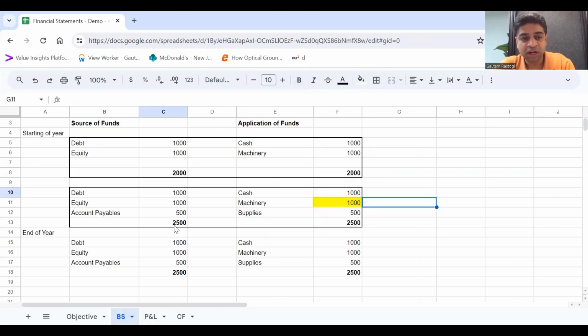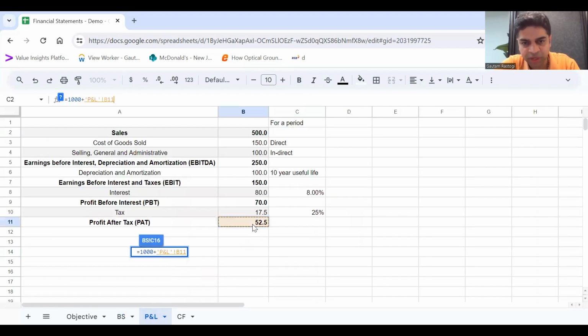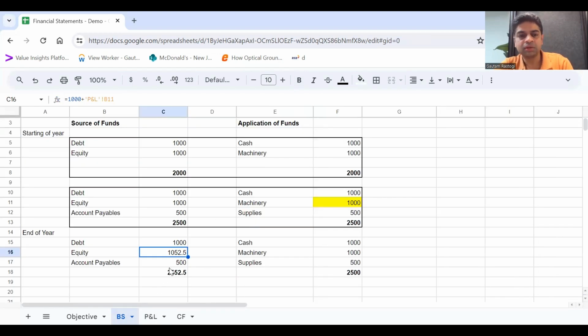This 52 and a half will get added to your equity, because that's the shareholder money, or if this is completely yours. So this 52 and a half gets added here. Obviously the balance sheet won't balance.